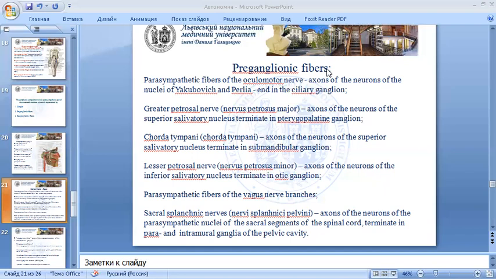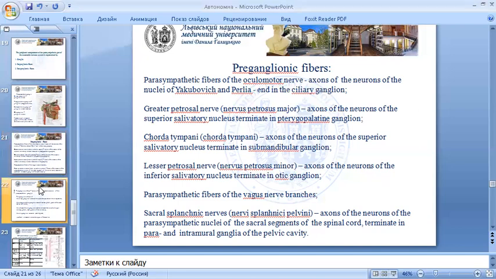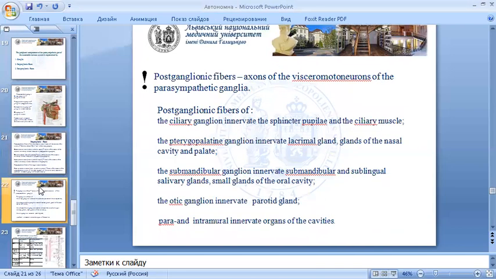These are axons of neurons of the parasympathetic nuclei of the sacral segments of the spinal cord, which terminate within the para- and intramural ganglia of the pelvic cavity. Now about postganglionic fibers. Like we said, these are axons of visceromotor neurons of parasympathetic ganglia.